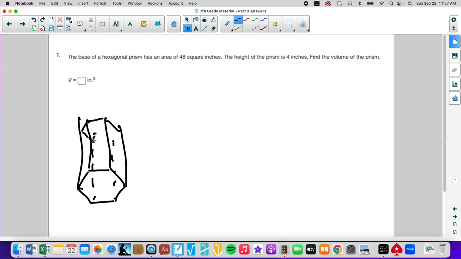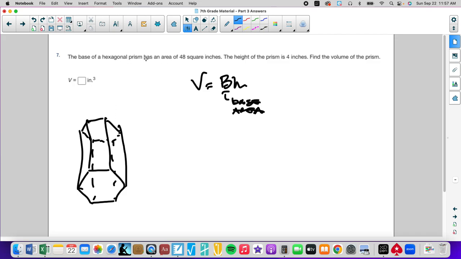And so that would be our hexagonal prism. The volume of all prisms, volume of a prism is going to be big B times H, where B is the base area and H is the height of the figure, meaning the distance between the two bases.